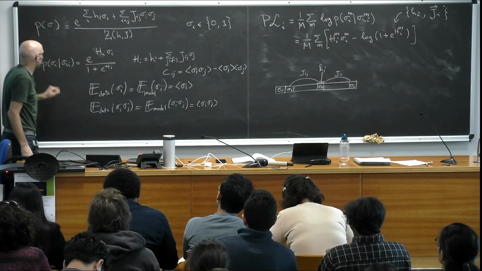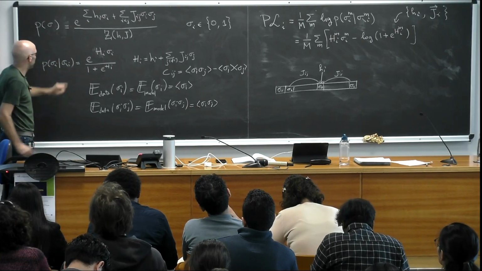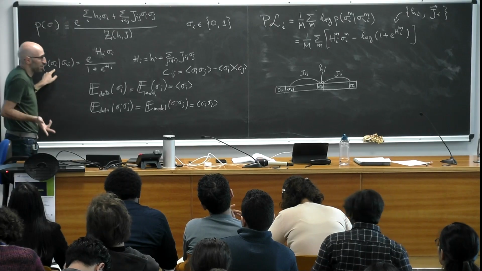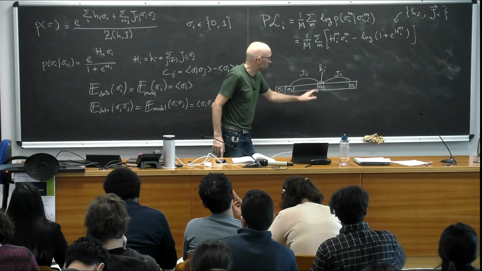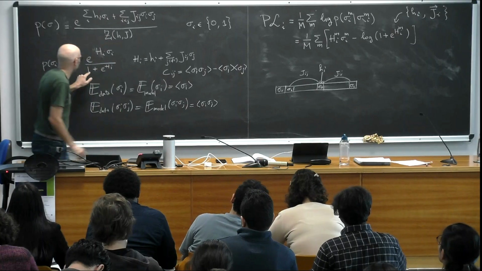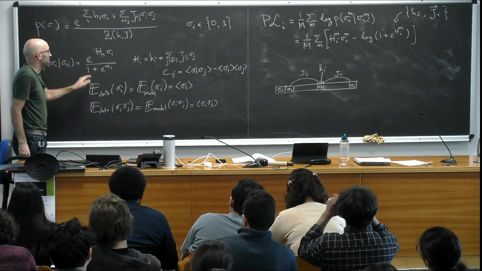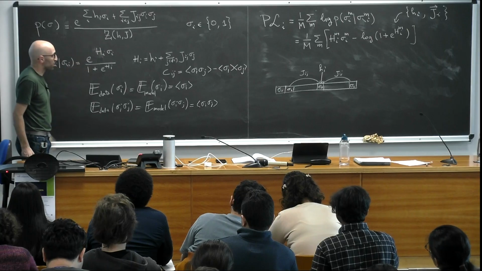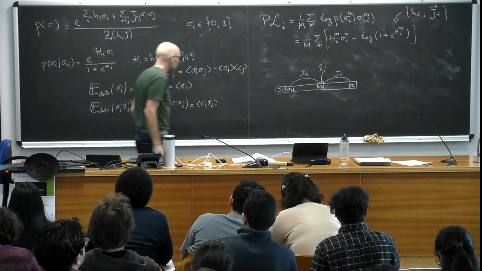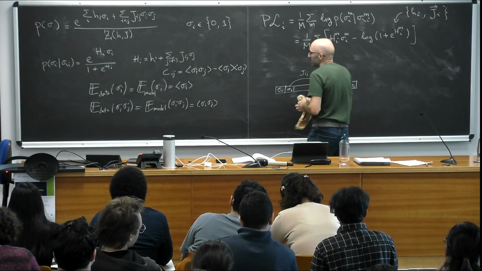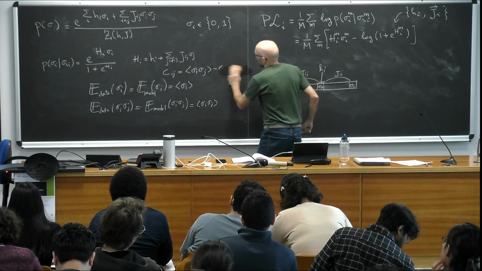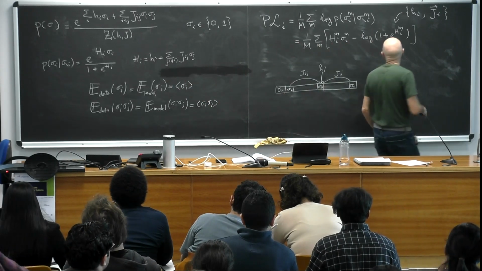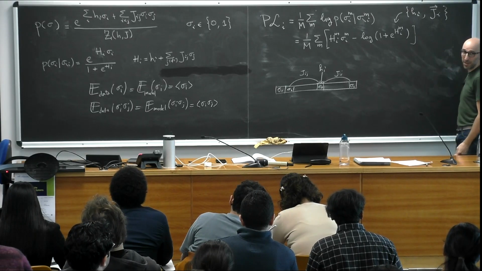But here, if you fix L minus 1 variables, when you normalize, you only have 2 states for the variable sigma I. So the sum over 2 states can be done, and you get 1 plus this. Everything is explicit, and you don't have to take this normalization. So the pseudo-likelihood can be computed explicitly, and this is the expression.